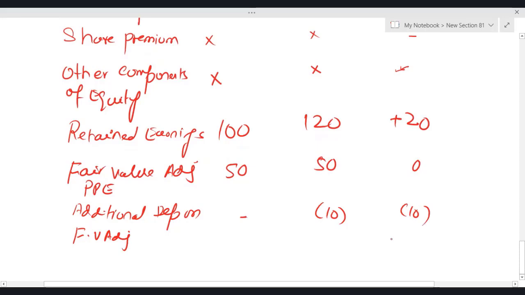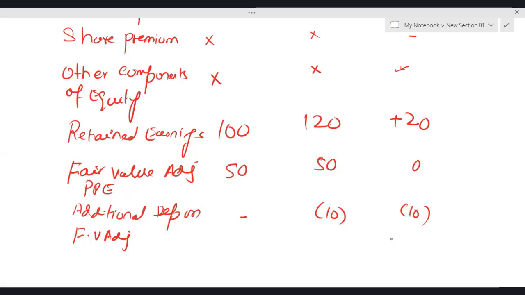So repeat, if there's a fair value adjustment, which you will be having most of the time in the question, let's say it is 50, 50, but it is a fair value adjustment in the property, plant and equipment. So you will have to calculate additional depreciation, according to the remaining life at acquisition.